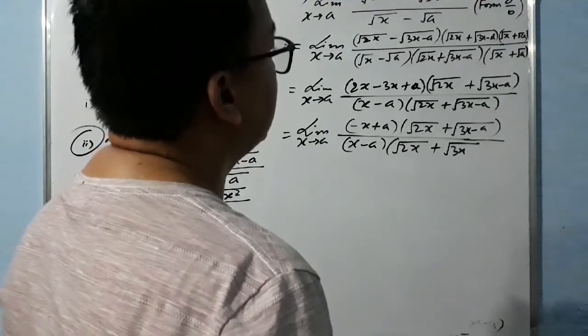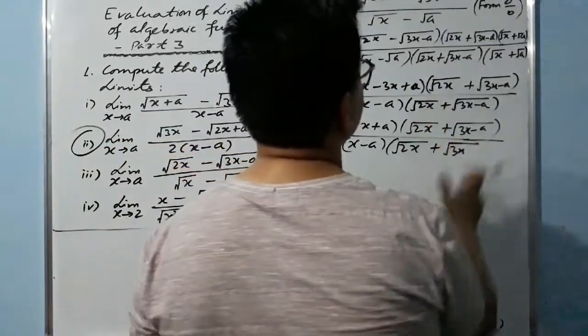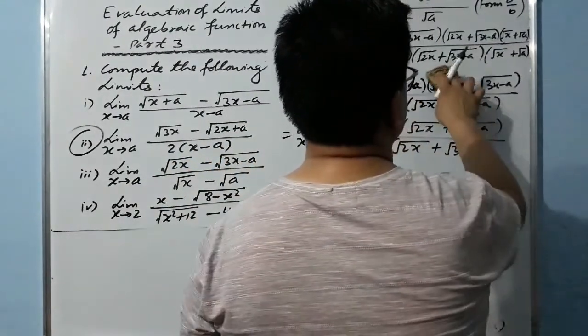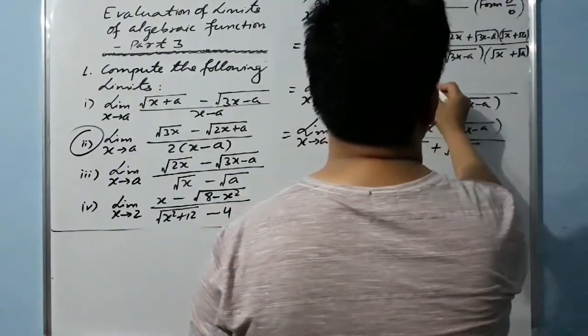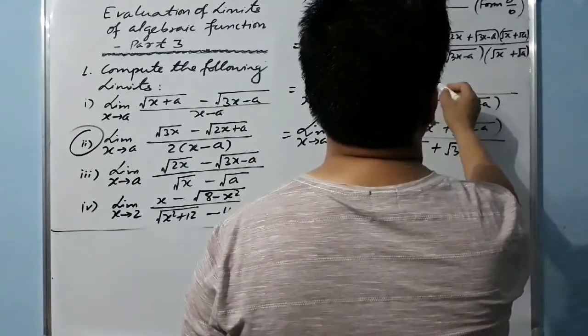Oh, one thing, I have made a mistake here. I came to know after simplification. Honest mistake, I beg your pardon. Let me write it down here.